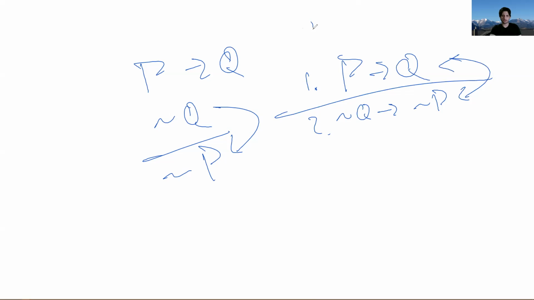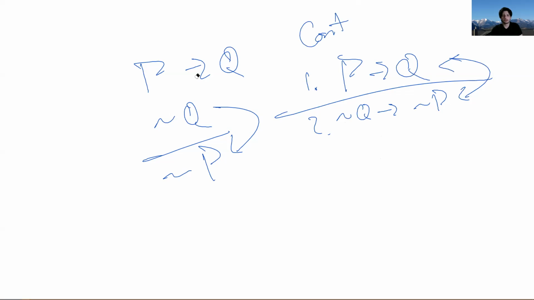This is called Contraposition. This rule is just flipping the order of the conditional. It's saying, if P leads to Q, that means if you didn't have Q, you must not have had P. Very intuitive, and that's all we'll say about this for now.